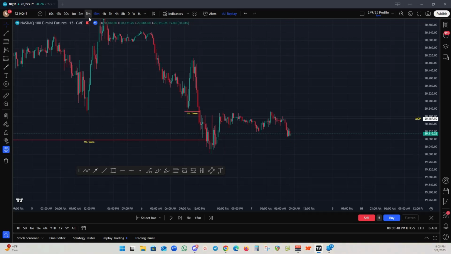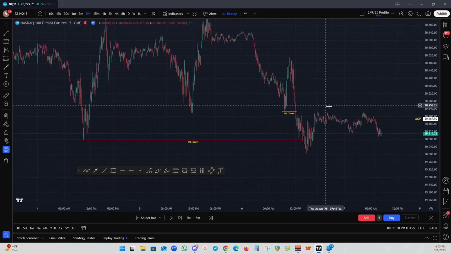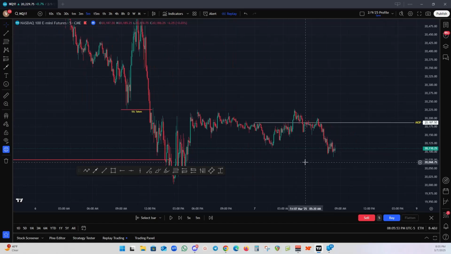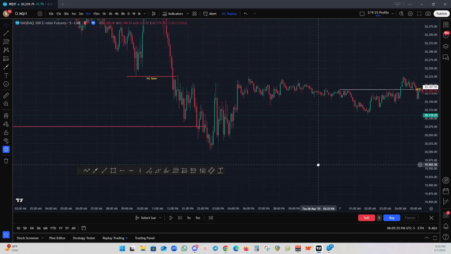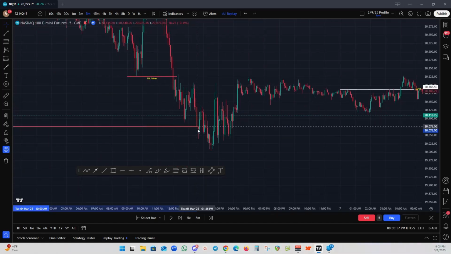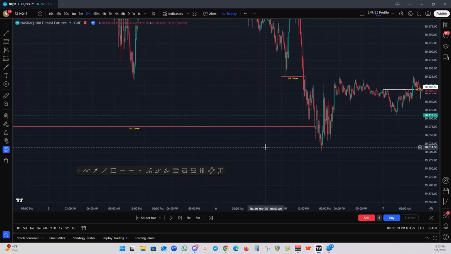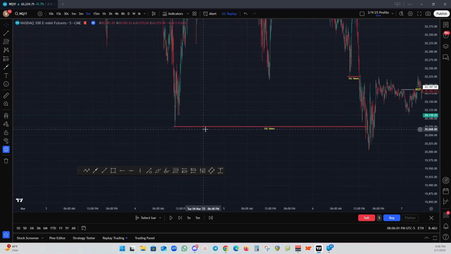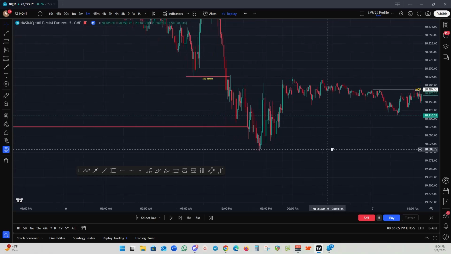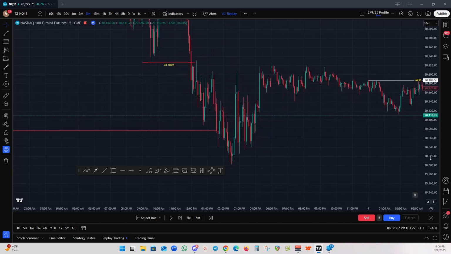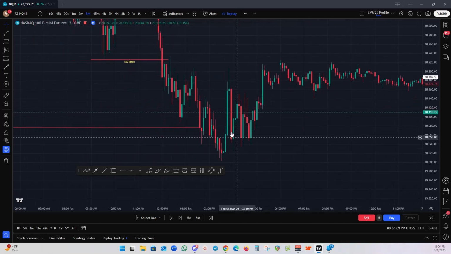From the 15-minute, I'm going to go down to the 5. And what you want to do is, for this previous low that was taken out, look for the last swing high that formed before this low was taken out.